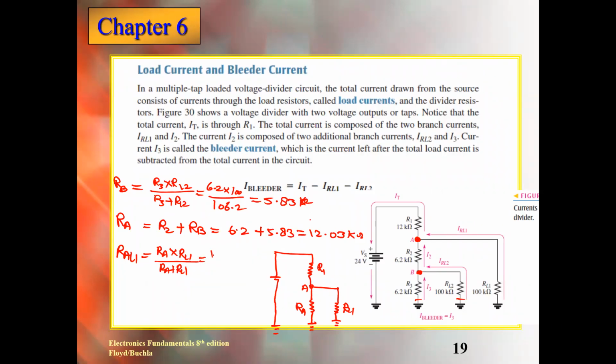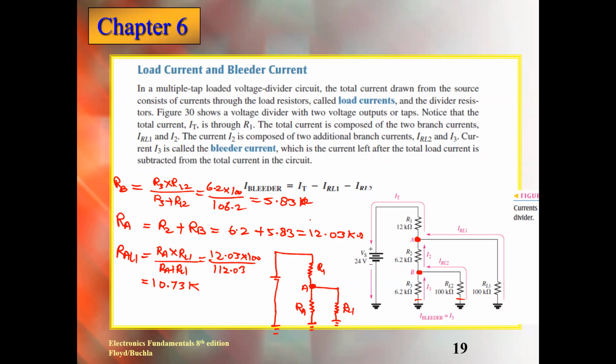RA you calculated already, 12.03, multiplied by 100 over 112.03. Calculate how much it is coming. 10.73 kilo ohm. So this is how much you calculated until here, right?